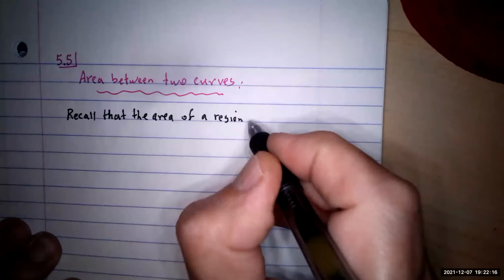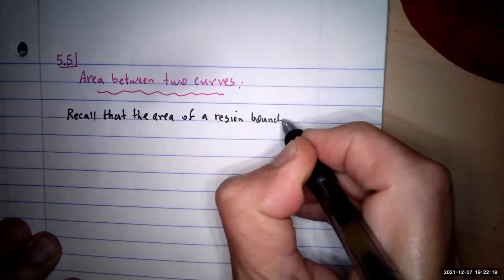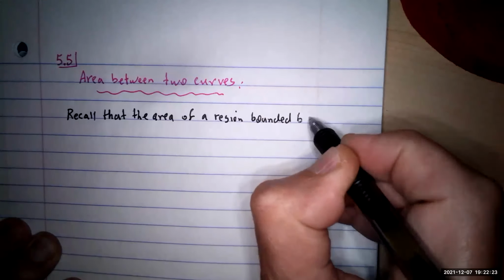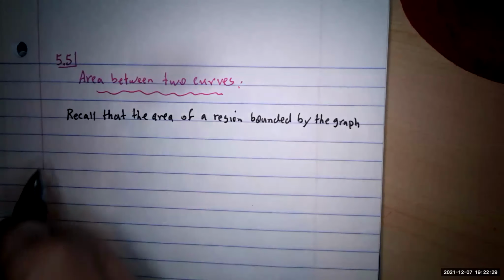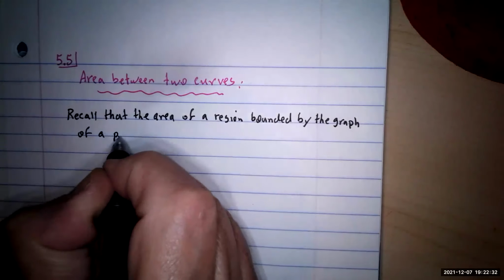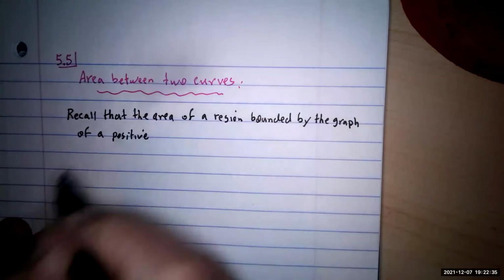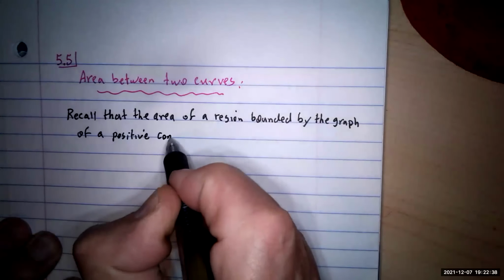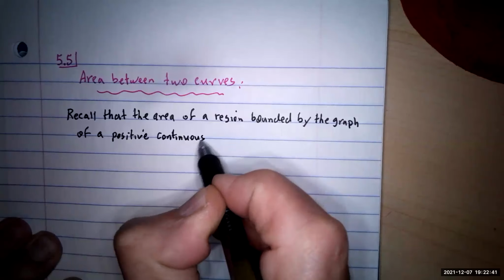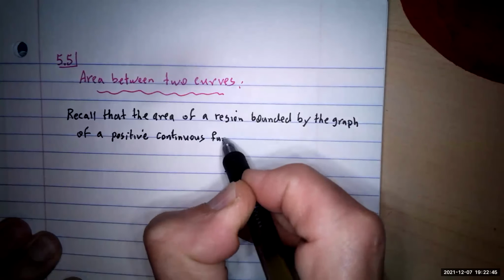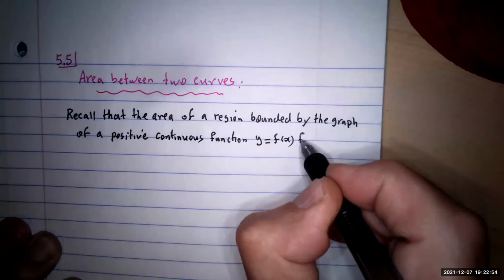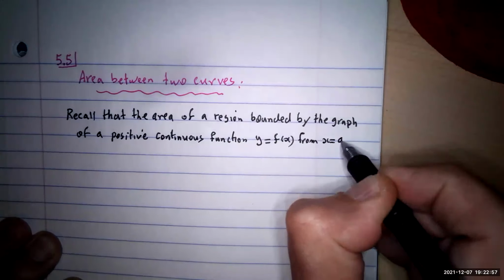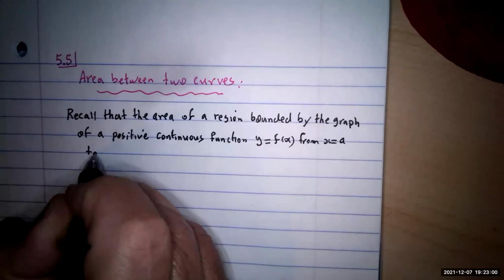The area of the region bounded by the graph of a positive continuous function, like y equal to f of x from x equal to a to x equal to b.